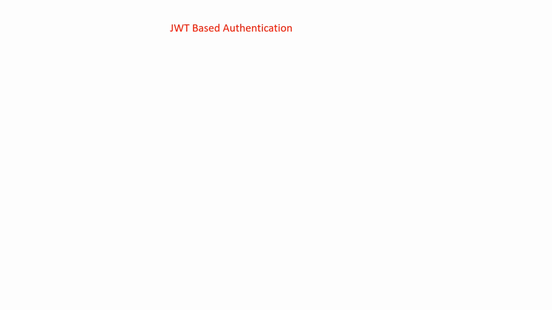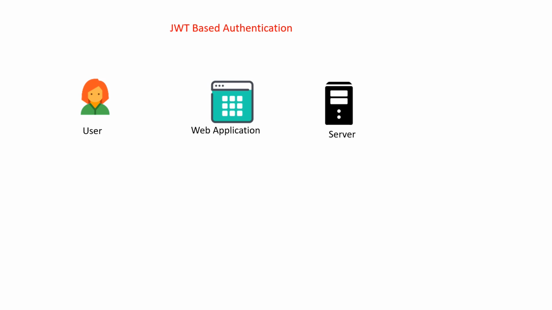We will take the same scenario as in the case of session-based authentication. Here we have a user, an application, and a server. In the same way, the user first needs to verify their identity. The user will provide credentials to the application or the server.